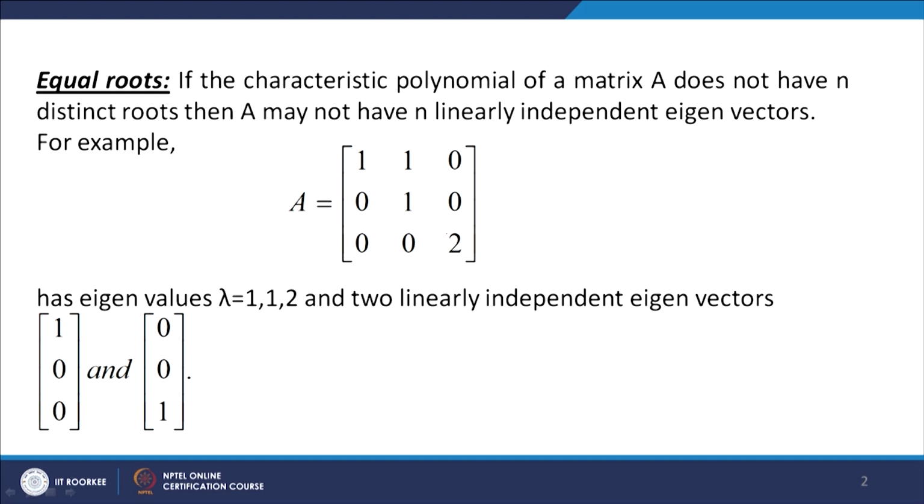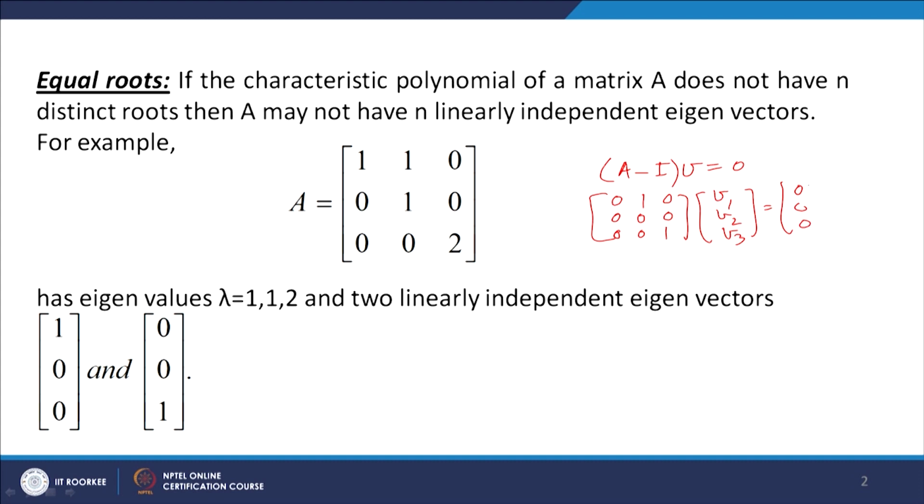Now, corresponding to eigenvalue lambda equal to 1, if you find the eigenvector, then what do you get? (A minus I) B equal to 0. So, you subtract the identity matrix from A and you get [0 1 0; 0 0 0; 0 0 1] times B1, B2, B3 equal to 0, 0, 0.